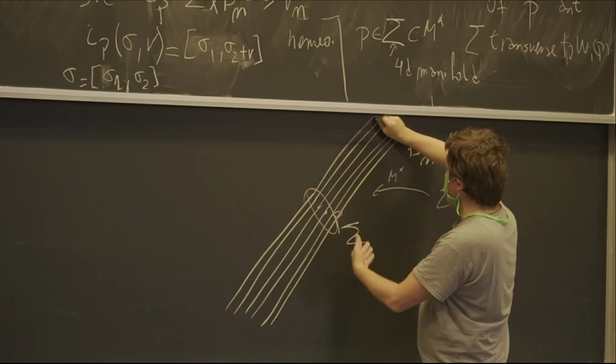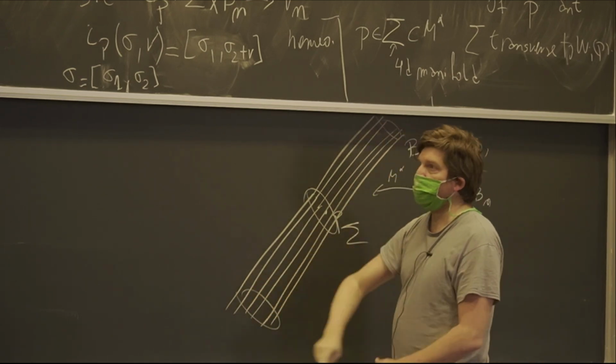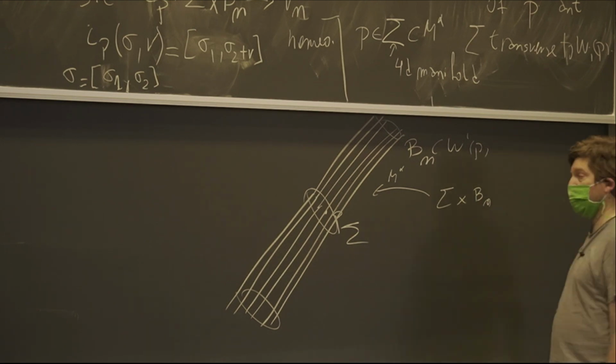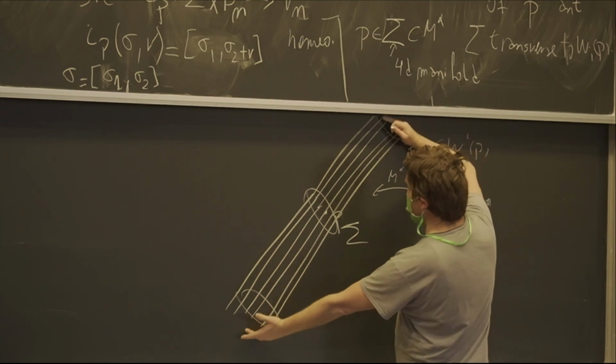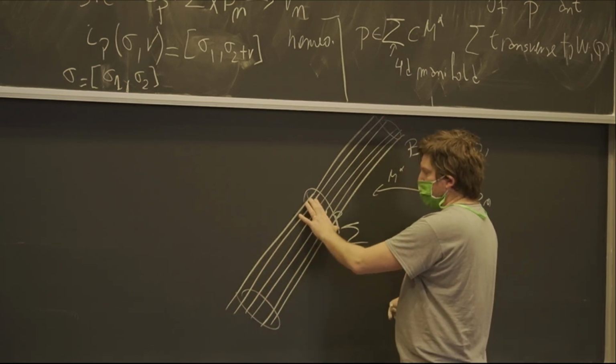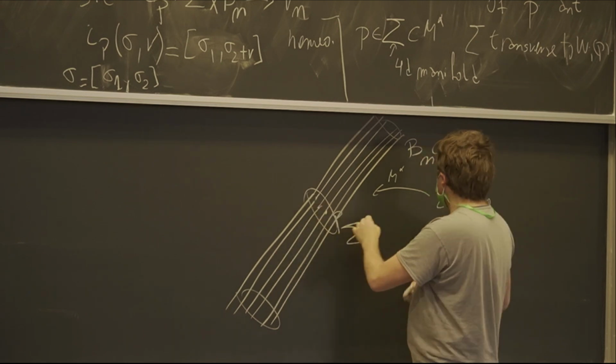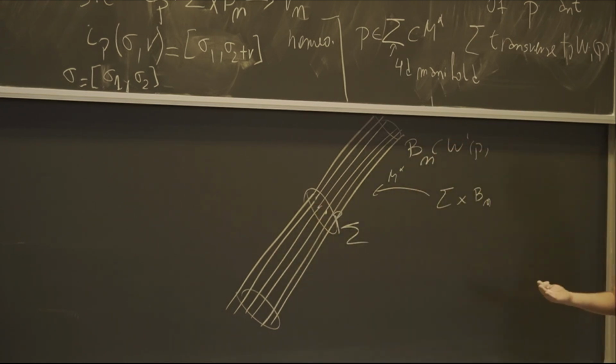I want this to be a homeomorphism. So it's a local trivialization of this WI foliation, but also for the long range. So this sigma is very, very small when the Bn becomes very long because of the recurrence of the WIP. Okay?